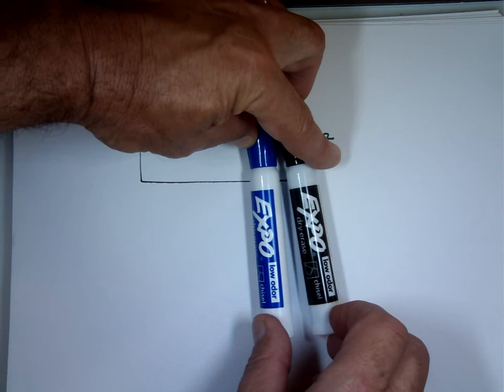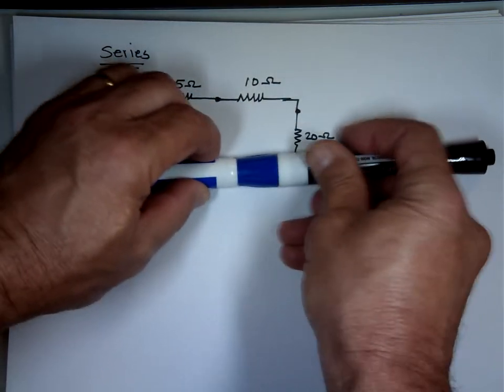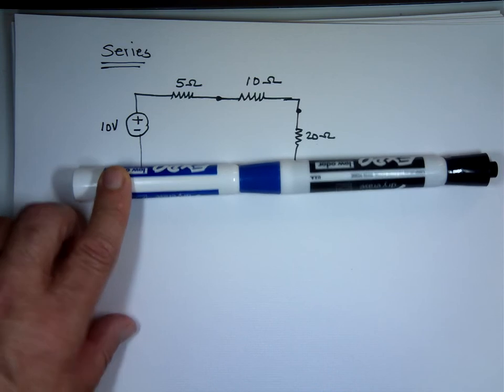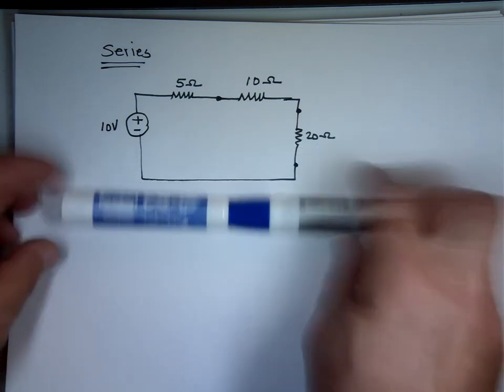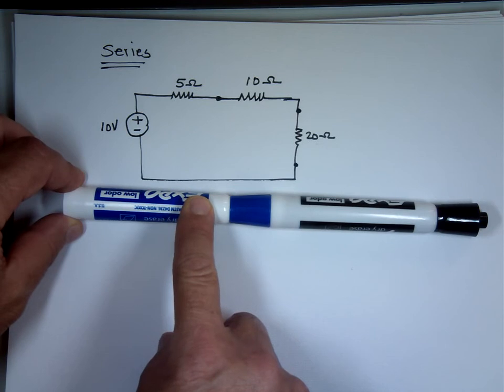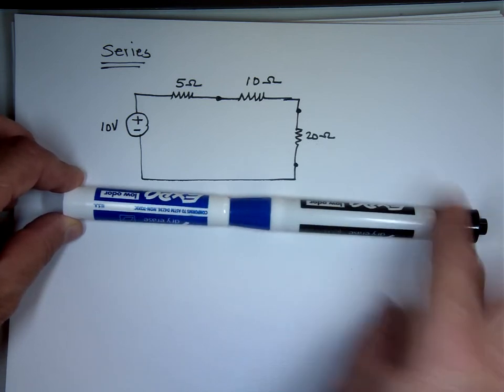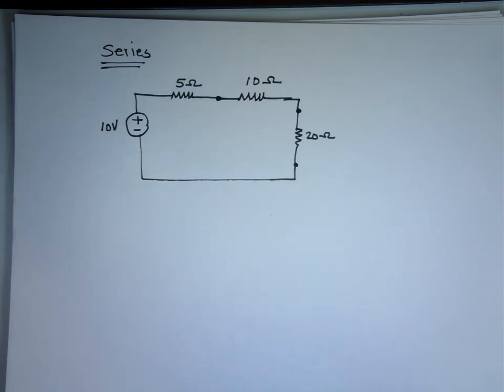Now you're only attaching one end, like this. Again, imagine these are water hoses. If there's water going through this, what will happen? That water has to go through that. So that means what? The current has to be the same. When you attach them in series, the current has to be the same.